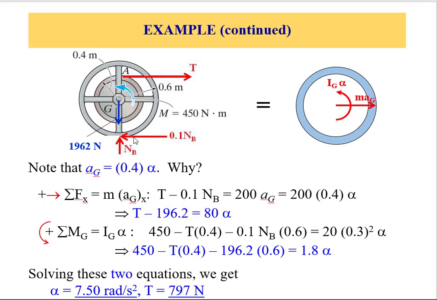So the moment of the N_B is 0, the external moment 450 is positive, so 450, minus the moment of, or plus the moment of this tension T, and that tends to rotate the spool in the opposite direction, right?